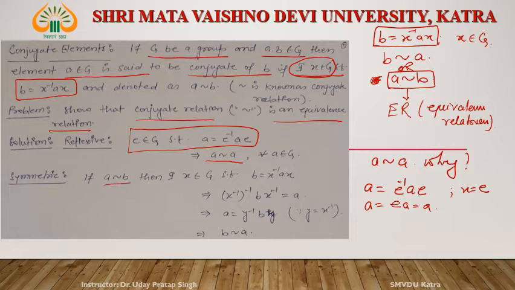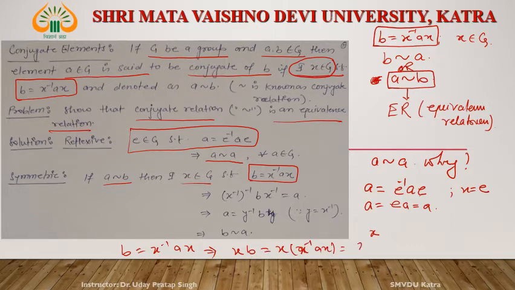If A is related with B, then by definition there exists X such that B is equal to X inverse AX. If B is equal to X inverse AX, then operate X on both sides: XB is X inverse AX.